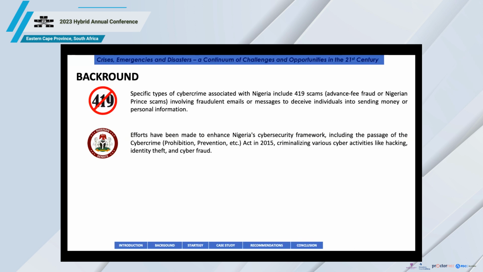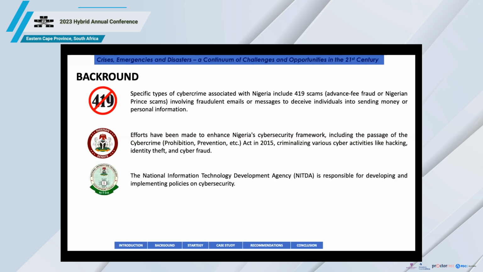But looking at the bright side, efforts have actually been made by the Nigerian authorities and the Nigerian government. Back in 2015, I think, the Cybercrime Act was passed in terms of prohibition and prevention, and also amended, right, in order to support especially the incident response aspect of the cybercrime supply chain, basically.